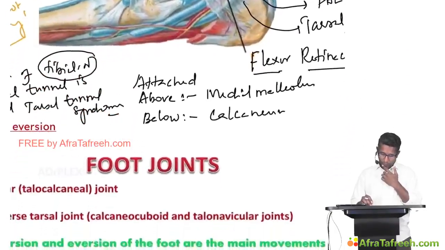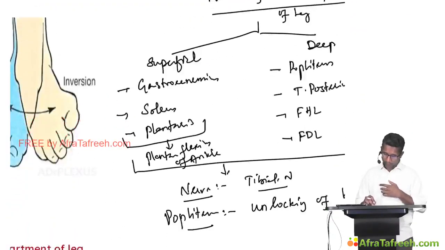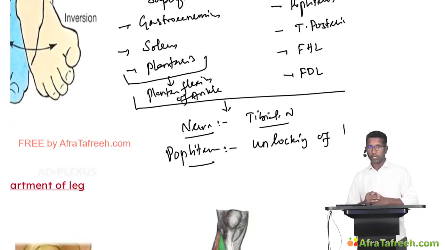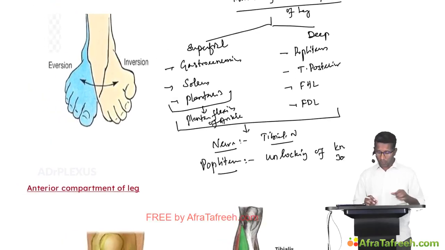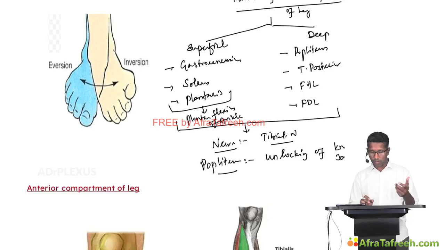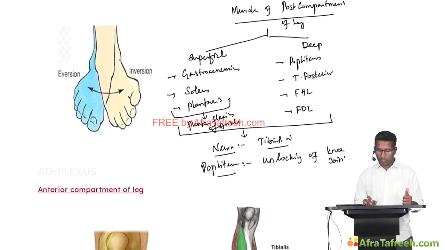Popliteus is a muscle which helps in unlocking of the knee joint. When the joint goes in for initial flexion, it has to unlock, and only then can it flex. That unlocking of the knee joint is produced by the popliteus muscle.